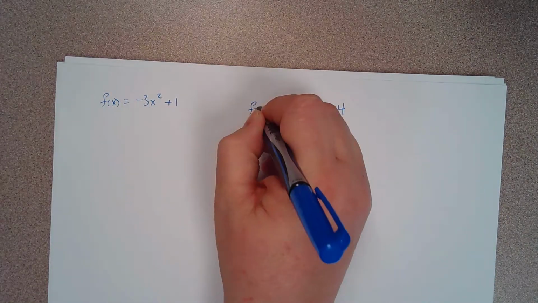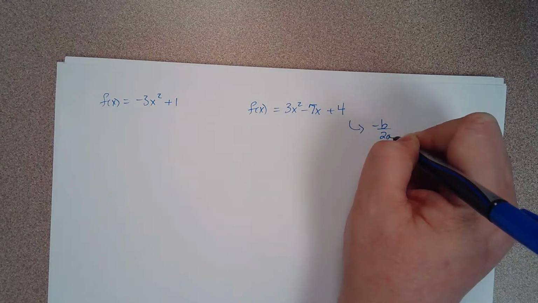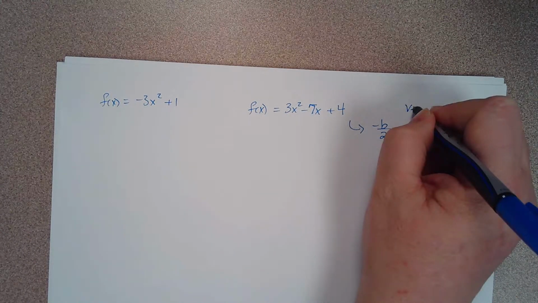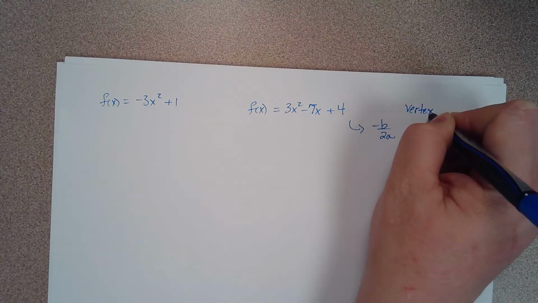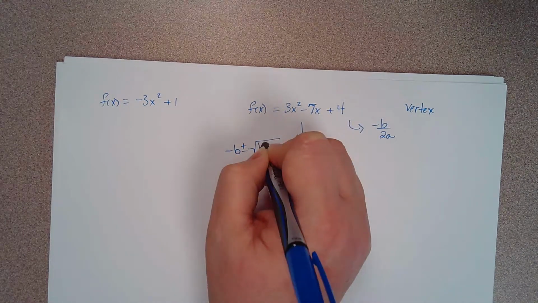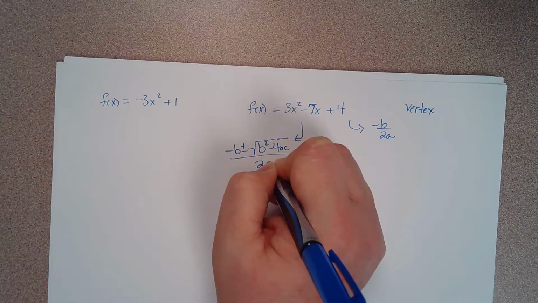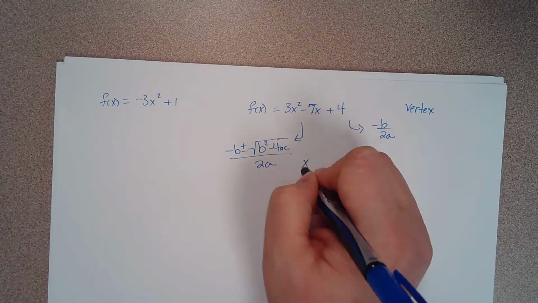You will use negative b over 2a to get your vertex. You will use negative b plus or minus the square root of b squared minus 4ac, all over 2a, to get your x values.